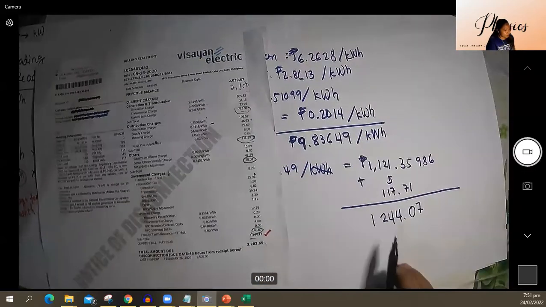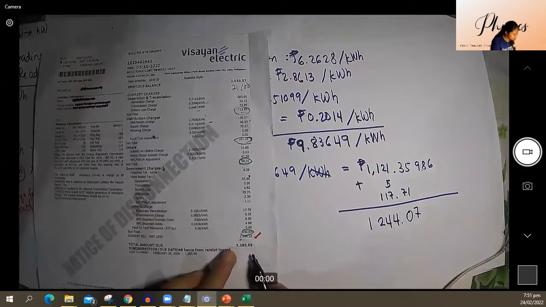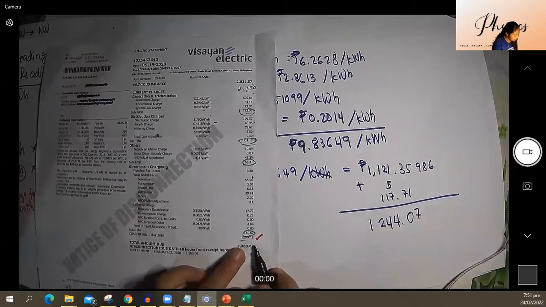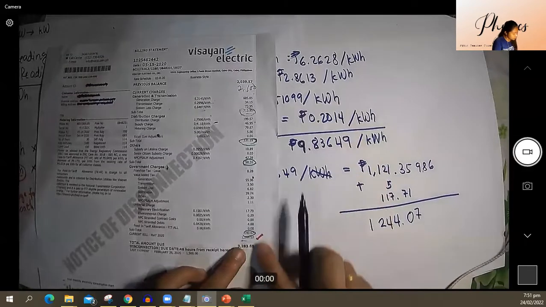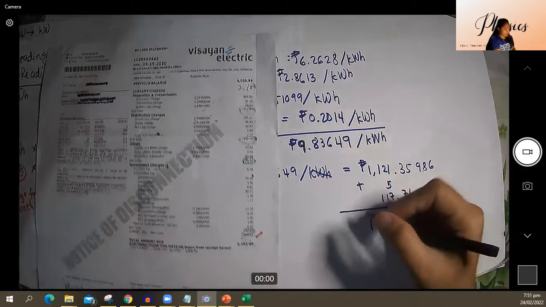Right, so we actually get the correct amount, or close to the amount, in the information we see here in our data for the current bill.